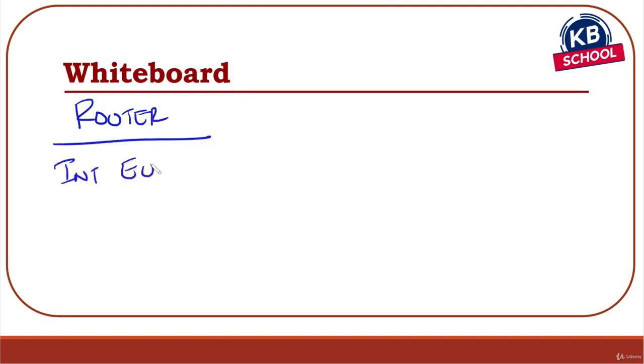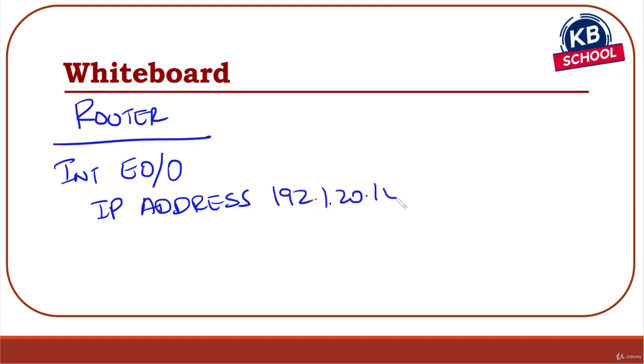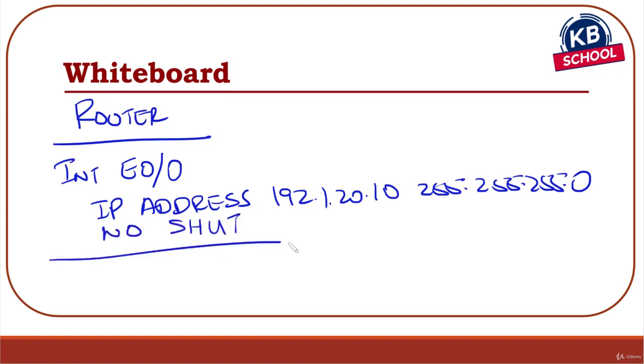You say interface E0/0, ip address, assign it an IP address, let's say 192.1.20.10, 255.255.255.0, and do a no shut on it. That's how you bring up an interface on a router.